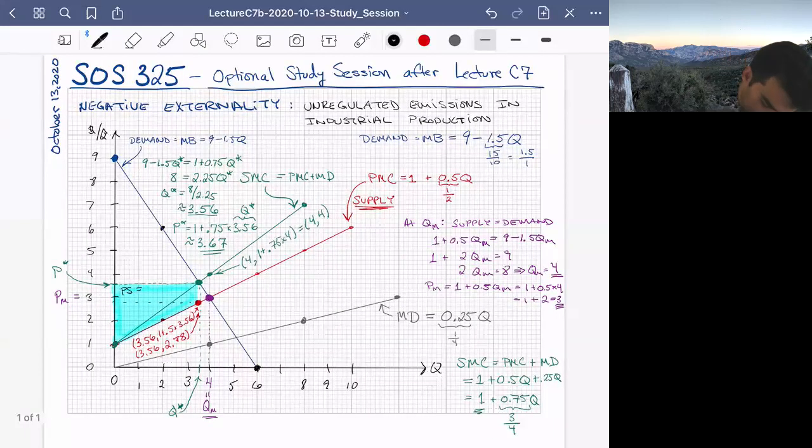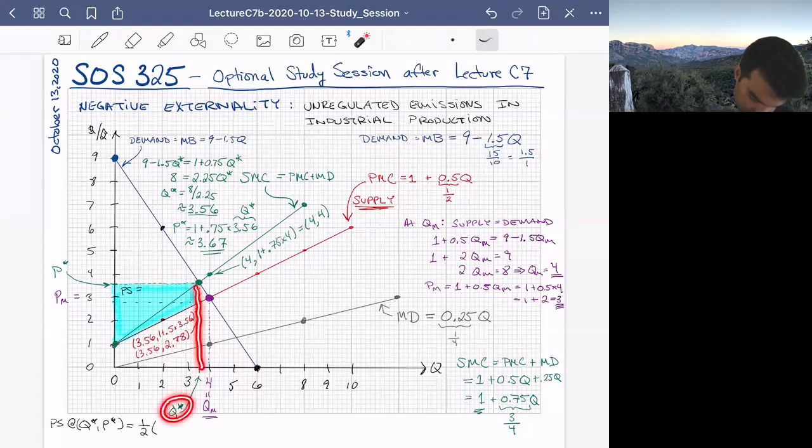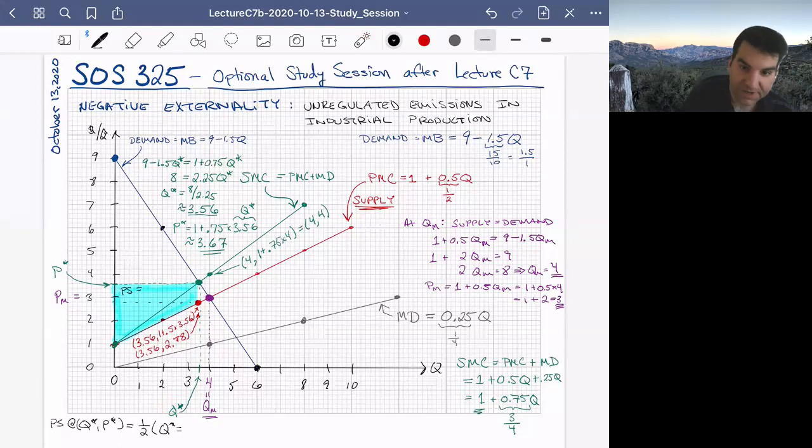There we go. So the producer surplus at the efficient equilibrium, at Q star, P star, is going to be equal to 1/2 times the height of the trapezoid, which is just this distance here, which if I drop down, is equal to Q star. So it's 1/2 times Q star, which equals 3.56.